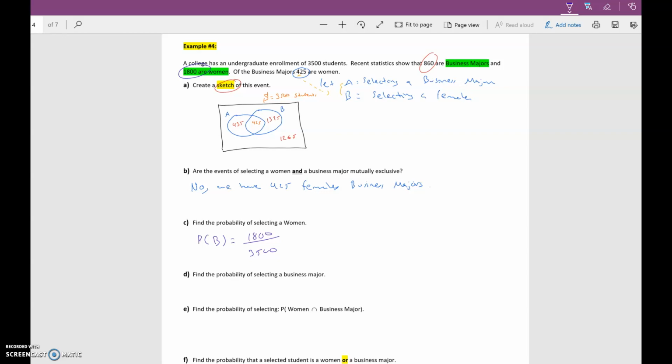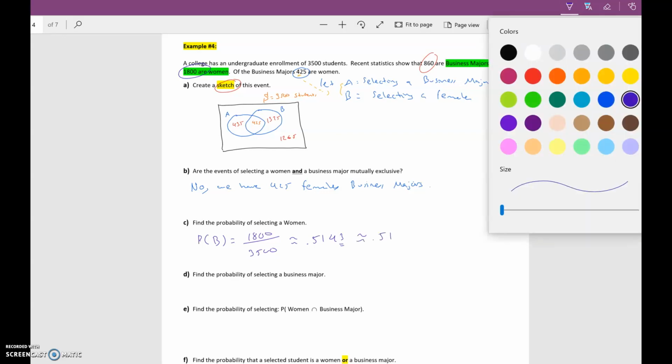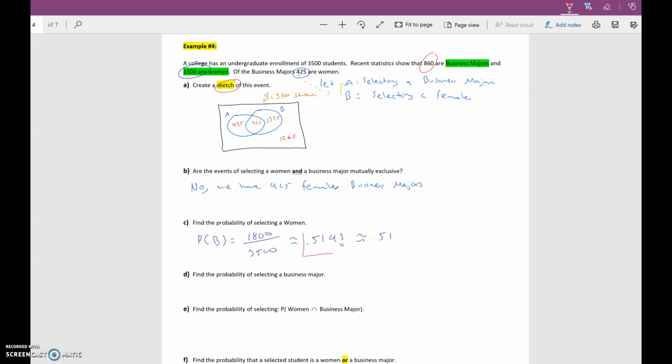So that is going to be approximately, and let me keep it to 4 decimal places, 0.5143, or 0.51. That would be the probability of selecting a female.